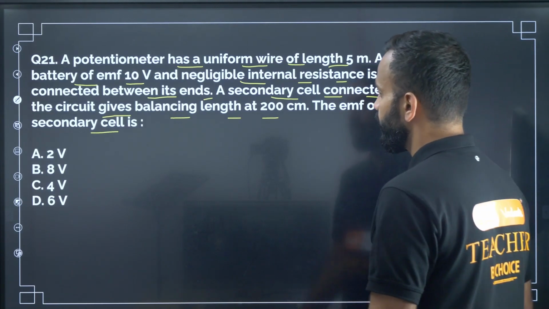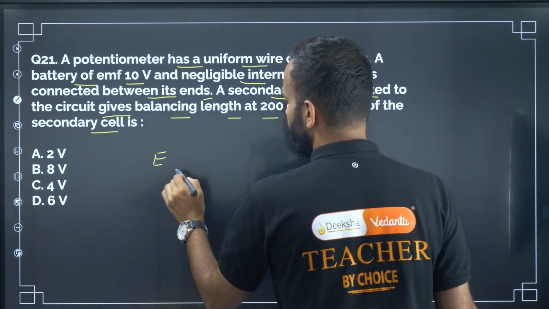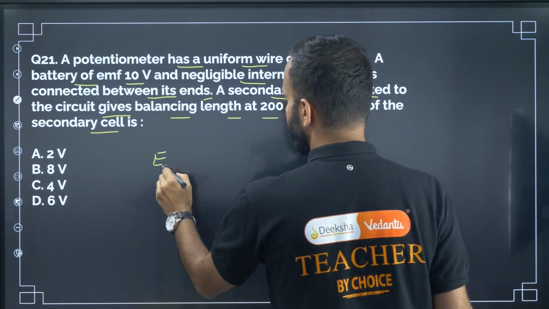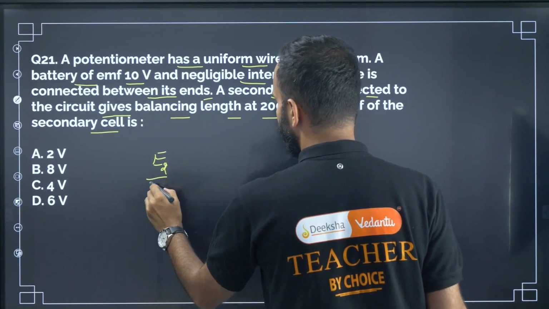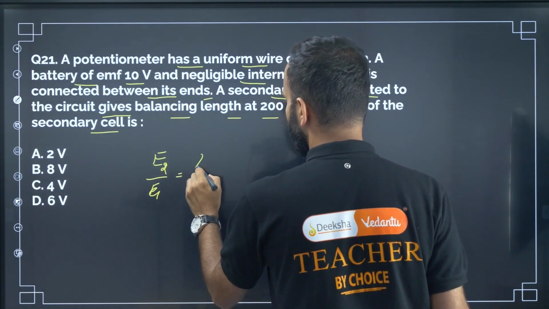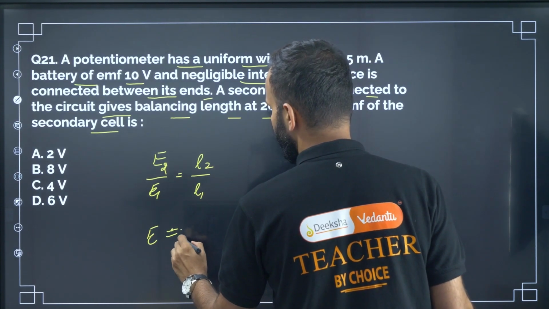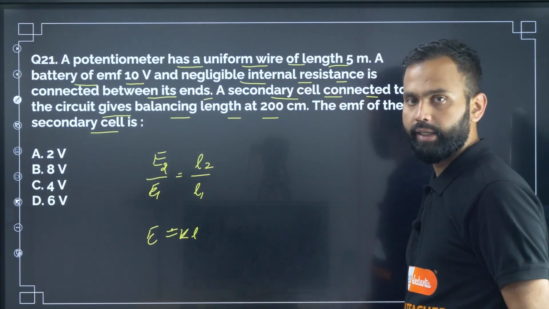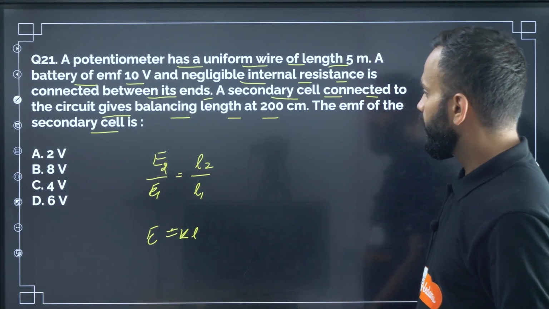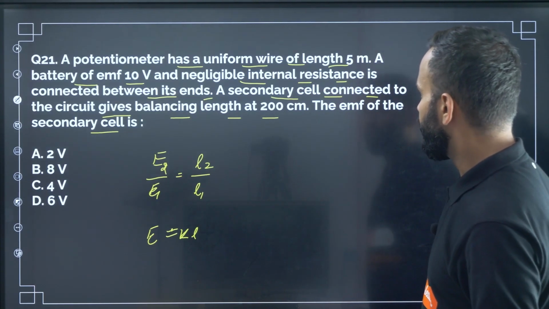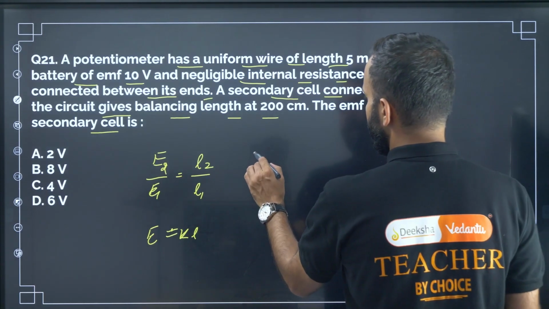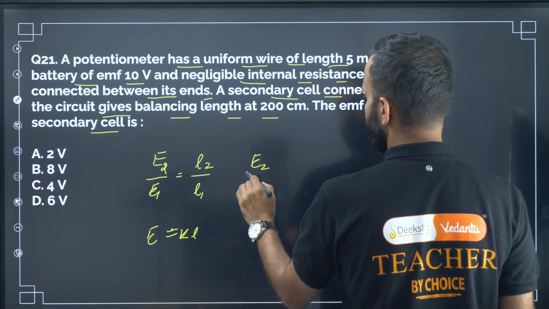For a potentiometer we know the potential gradient: E2 divided by E1 is equal to L2 divided by L1, because E is equal to K into L, where K is the potential gradient. So here we need to find the value of E2.